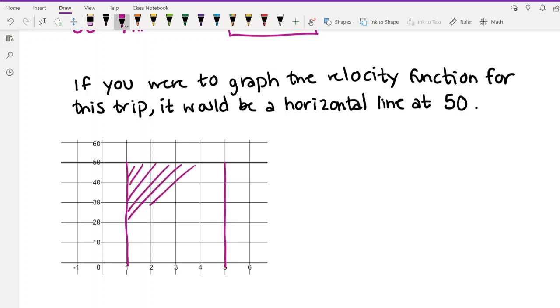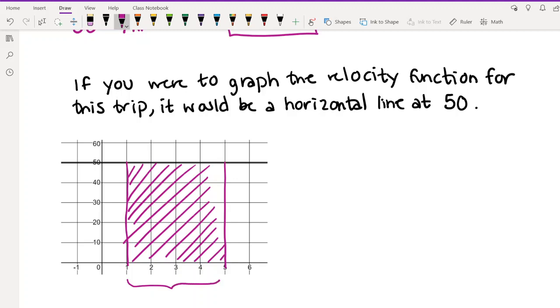And let's look at this rectangle we get here. Notice that the base of this rectangle is 4, and the height of this rectangle is 50.